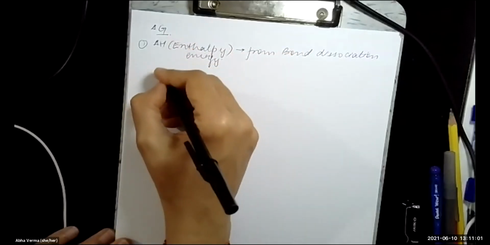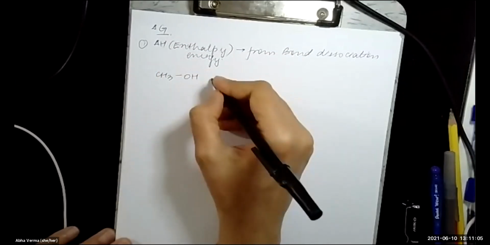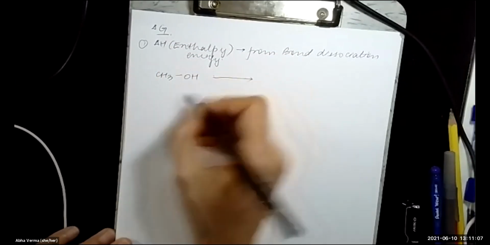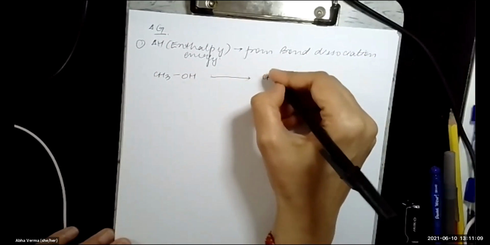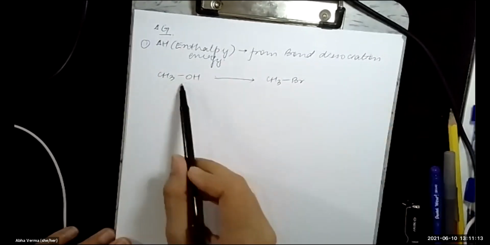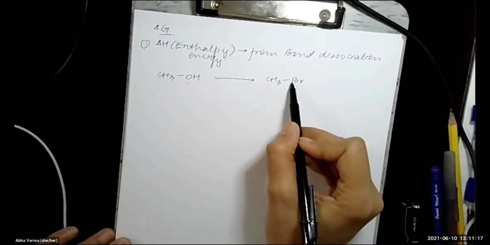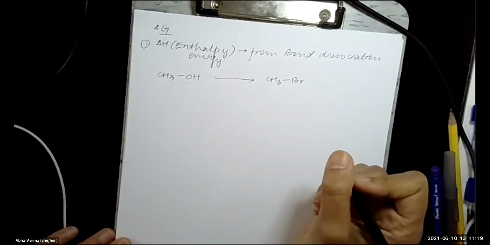Now, you don't have to memorize any of these energy values, but what is it that you need to know? So, for example, if you have a reaction going from this to this. So overall, what has happened? The CO bond broke and the CBr bond formed.